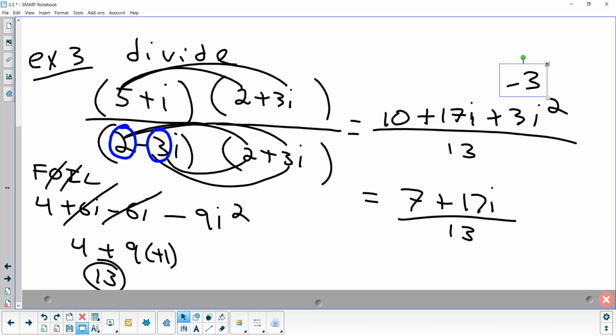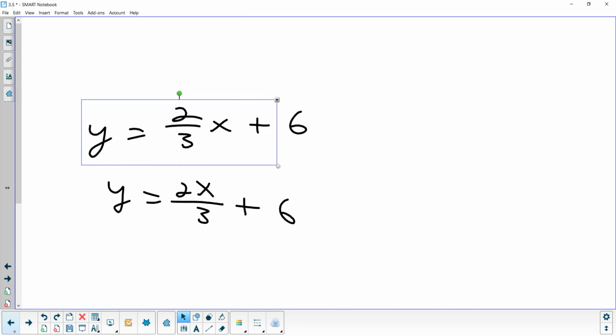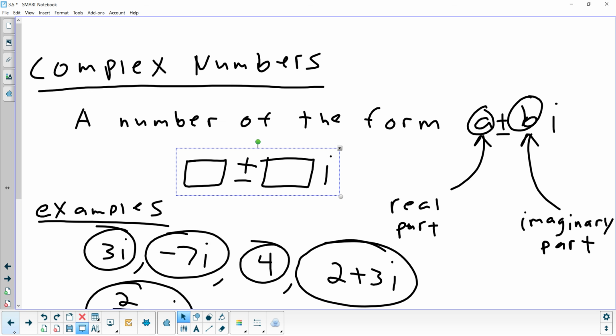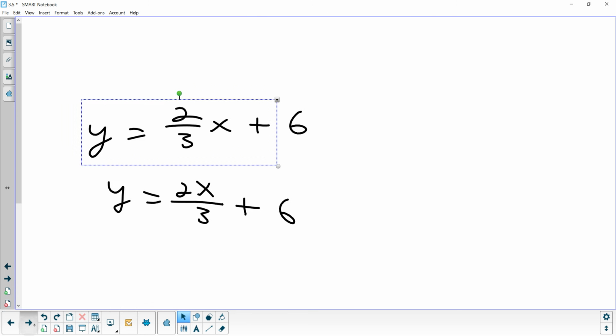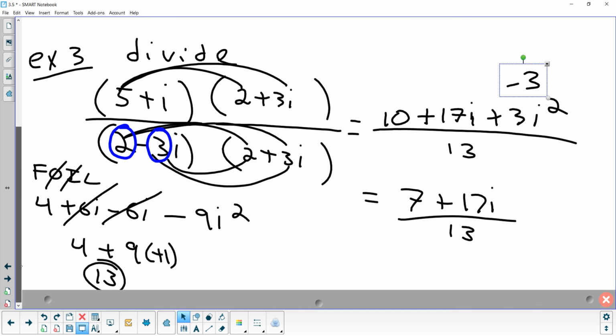Now, we're pretty much done. The only thing is that an answer written like that is not in the right form. You don't have a real part and an imaginary part separate. You've got one big fraction. So we want to separate that into 2 parts.